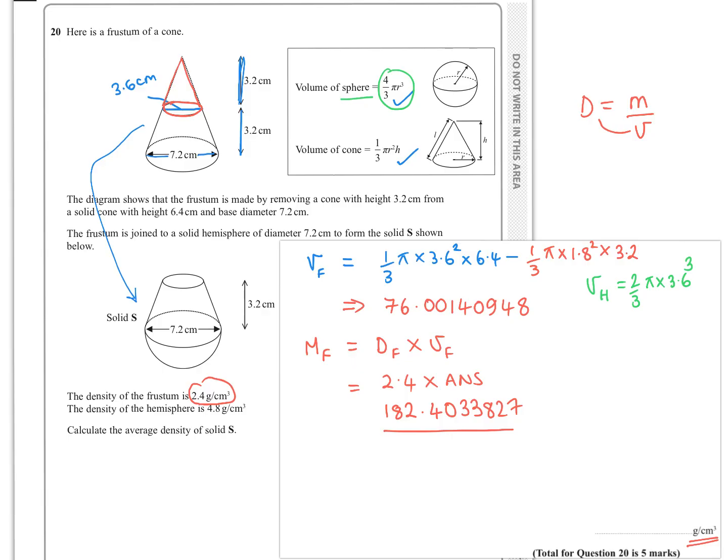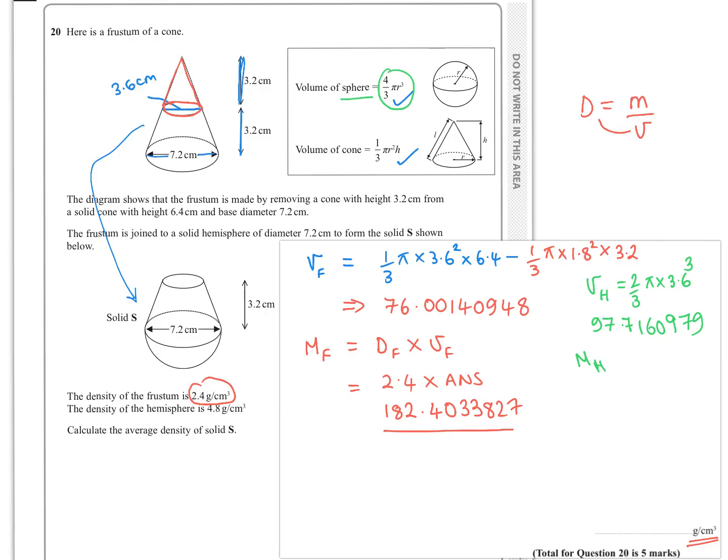On the calculator, that's going to give me 0.716979. So I can work out its mass in the same way as I did for the frustum, and I can just do that quickly.